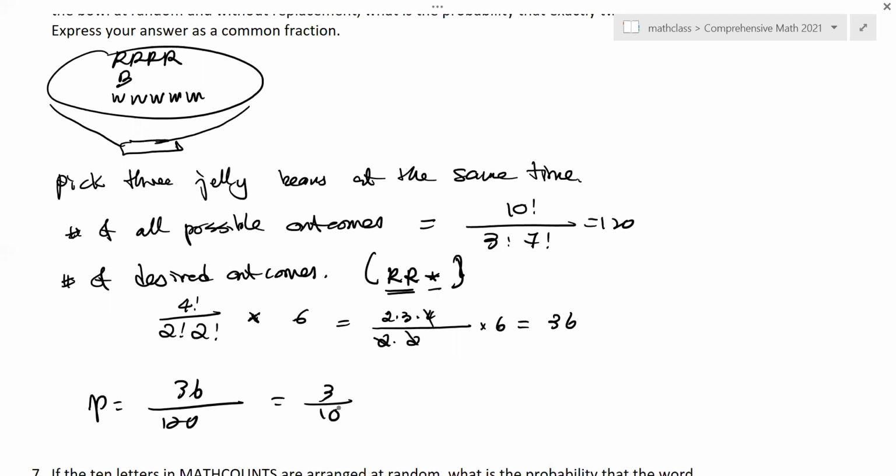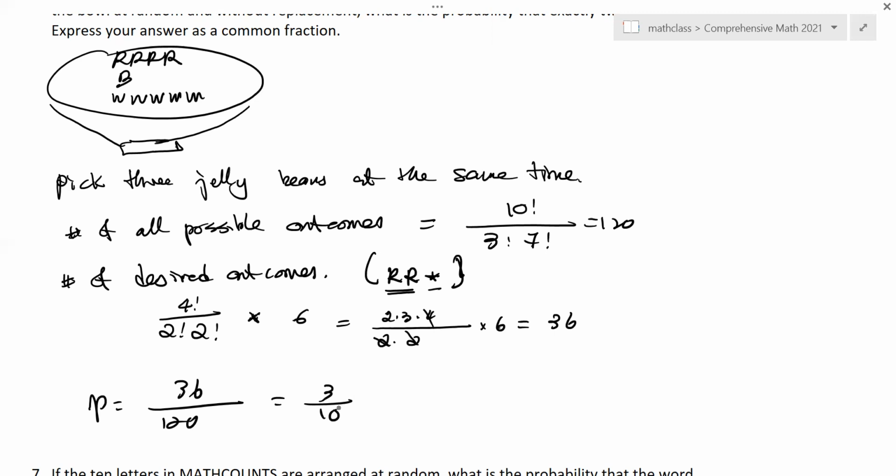Let me repeat again. First of all, you pick 3 jelly beans at the same time, so you have the standard formula. When you hold them in your hands, they're all different, but the order doesn't matter. So you have 10 factorial over 3 factorial times 7 factorial, which is 120. Then you only consider the outcomes with 2 red beans and 1 non-red bean.